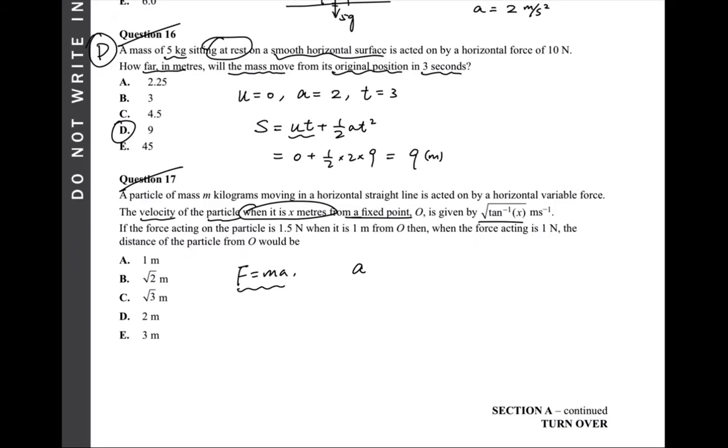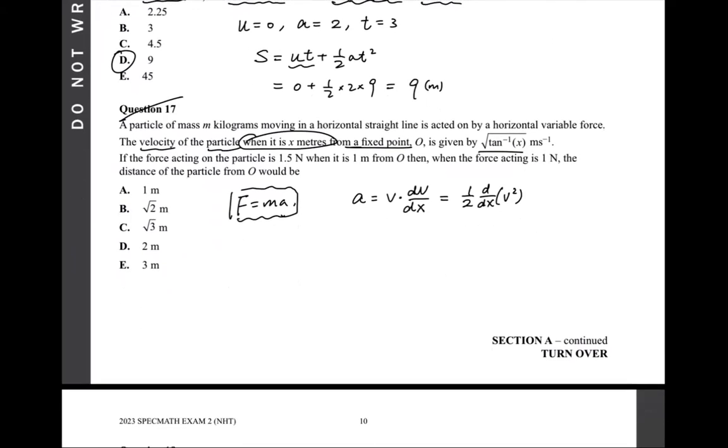Again, you are not expected to use this formula for the current study design, but one important thing you do need to know is acceleration: v dv/dx equals a. Or you can say half d/dx of v squared. So you square the velocity function in terms of x to get v squared, and then take the derivative and multiply by half.